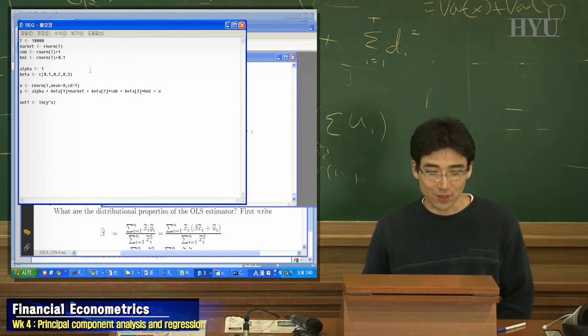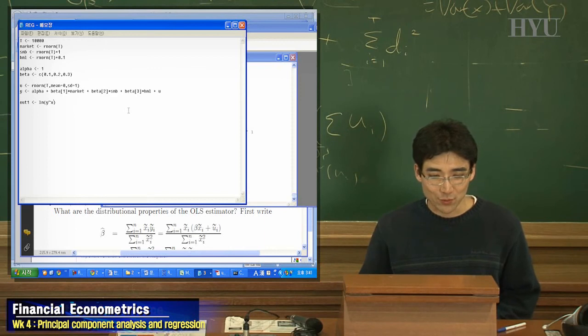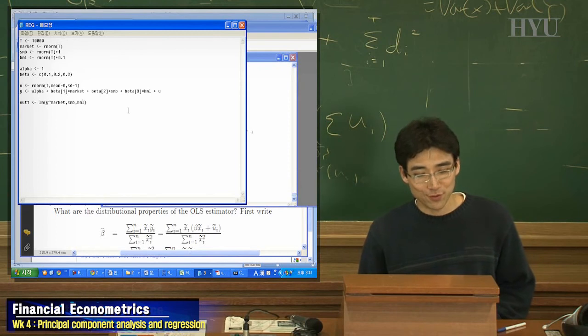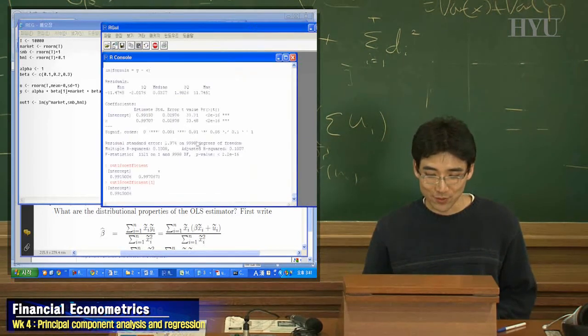Okay, so this is our data, and in our regression what we have to do is regress y on market, small minus big, and high minus low. Okay, and let's run the regression.